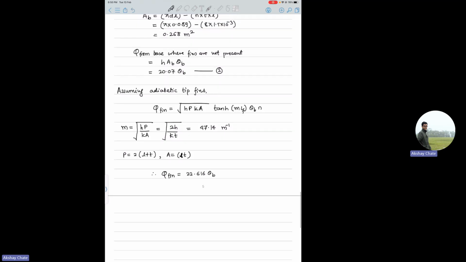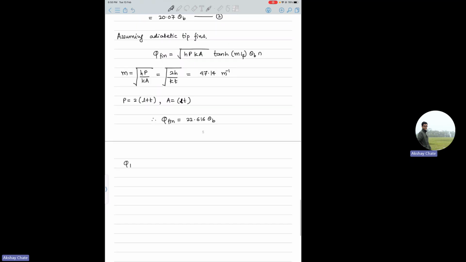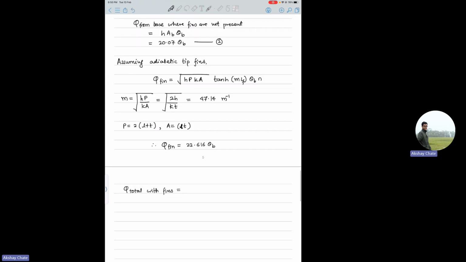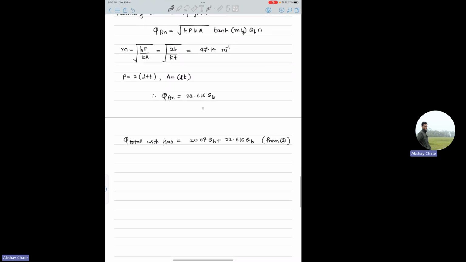So Q total with fins is nothing but 20.07 theta b plus 22.616 theta b. You can refer to equation number 2 here.